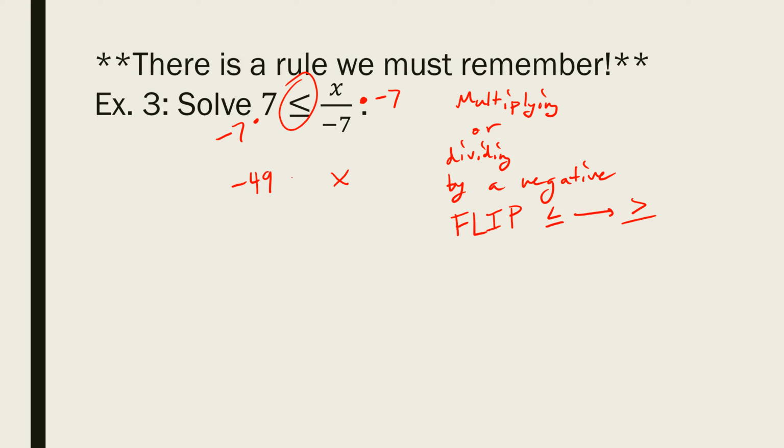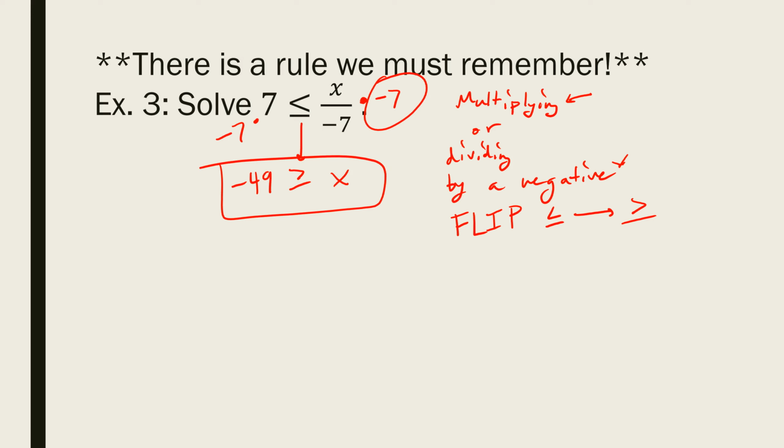So instead of a less than or equal to sign here, I need to flip it and write a greater than or equal to sign. And remember, that's because I multiplied or divided by a -7 in this case. So since I multiplied by -7, I must flip: this becomes this. Okay, so that's my answer.